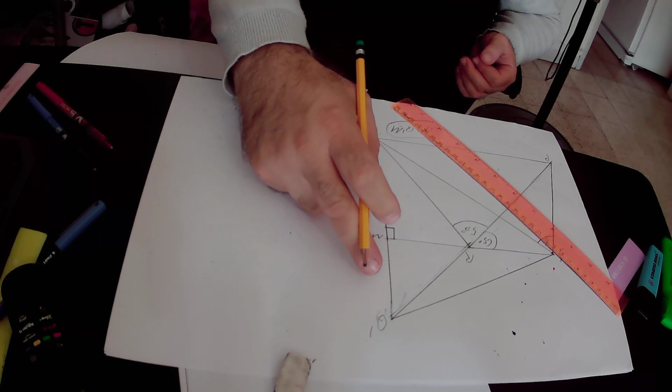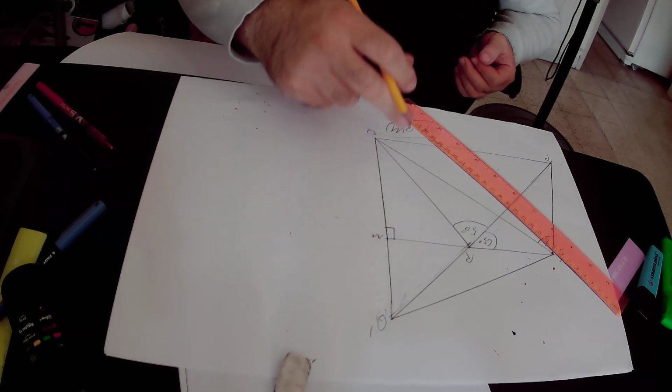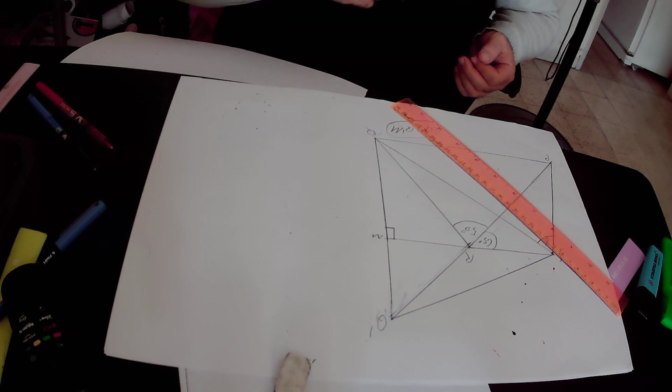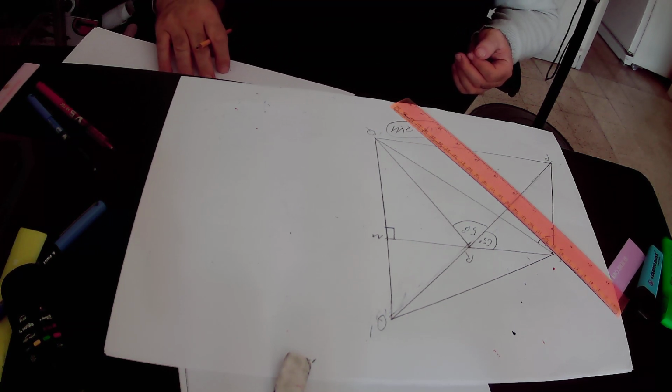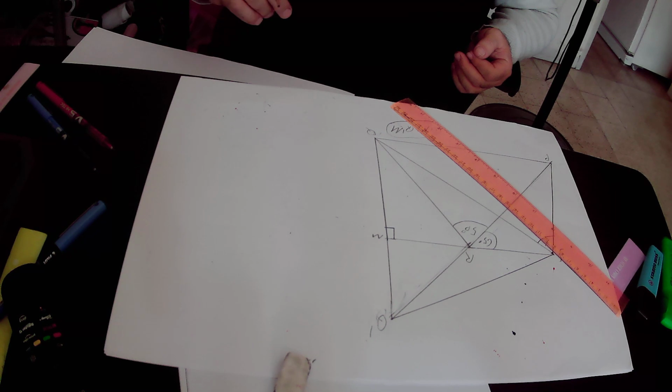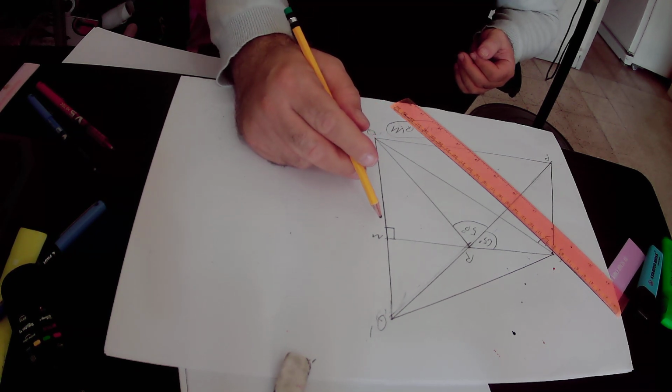We also know that the sum of the angles along a straight line equals 180 degrees at any point.